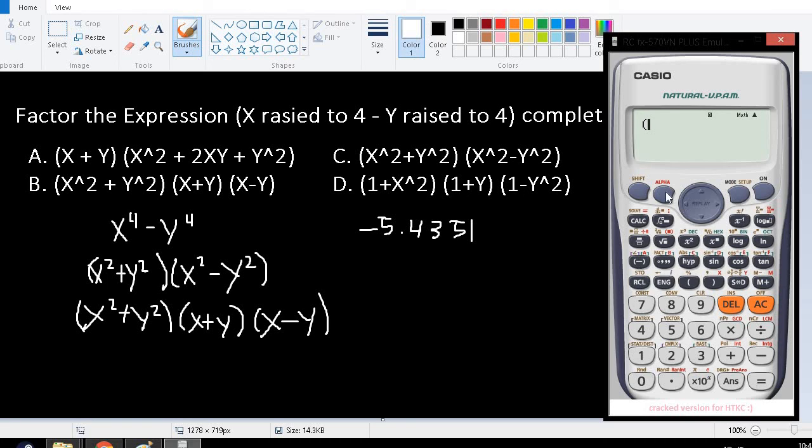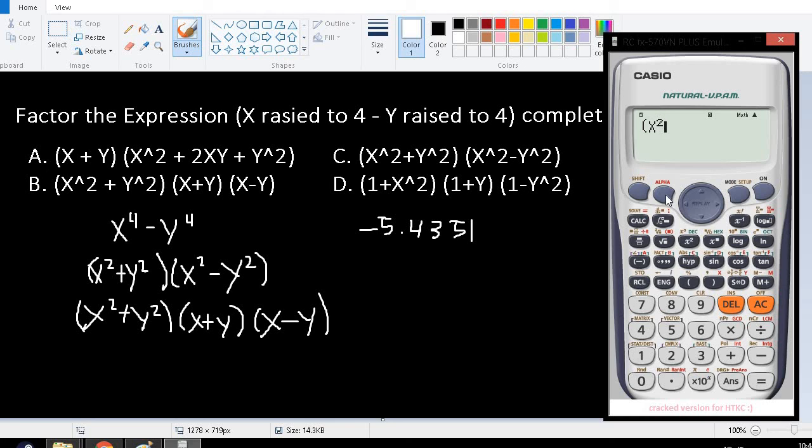Let's try A: x plus y, x squared plus 2xy plus y squared. Calc equals, we get 35.937, which is not equal to negative 5.4351. So we try other choices like letter B.